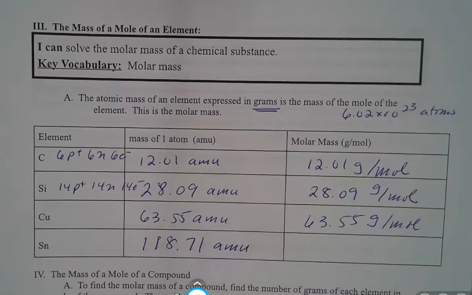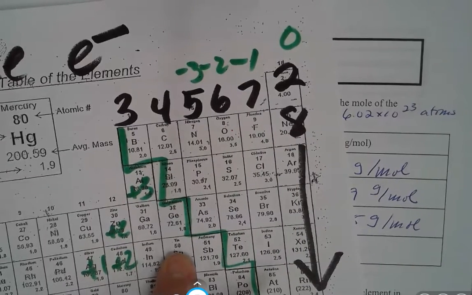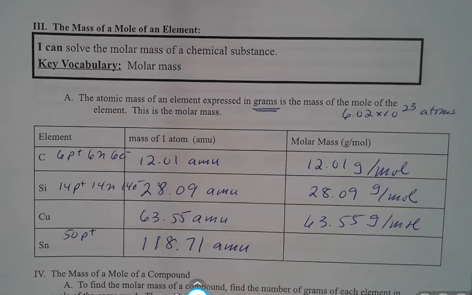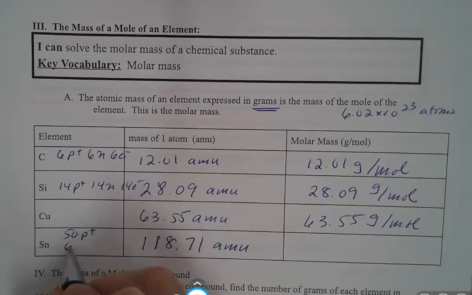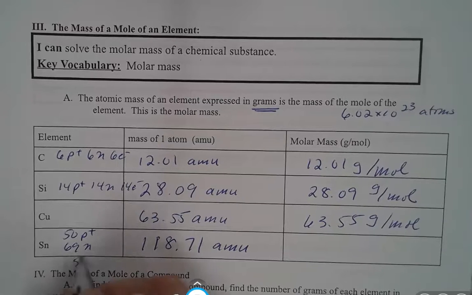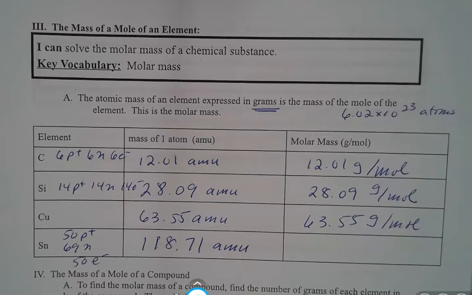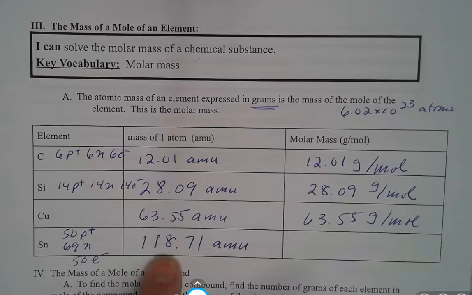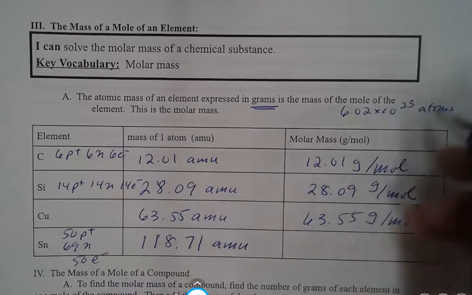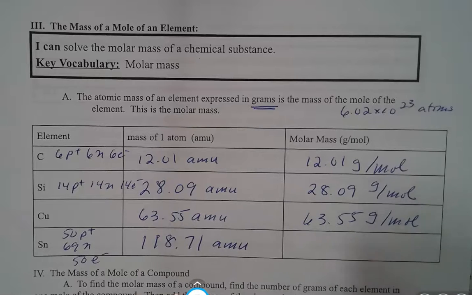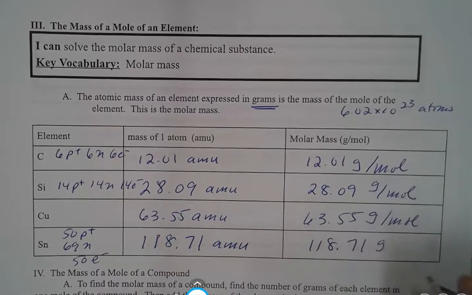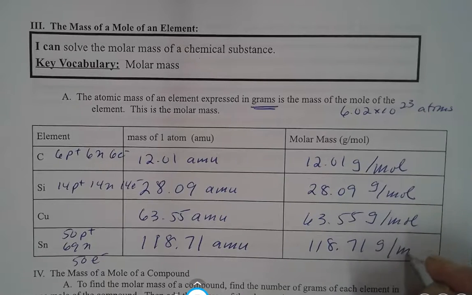Well, it looks like tin has 50 protons, roughly 69 neutrons, and 50 electrons. So it has a lot more protons, neutrons, and electrons than carbon does, so it has more mass, doesn't it? So if I have 6.02 times 10 to the 23rd atoms of tin, it weighs 118.71 grams. That is 1 mole, so my unit is per mole.